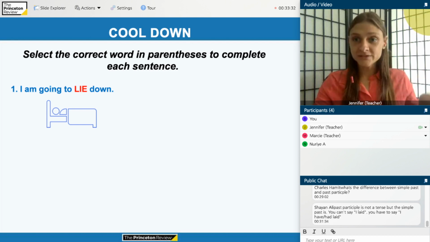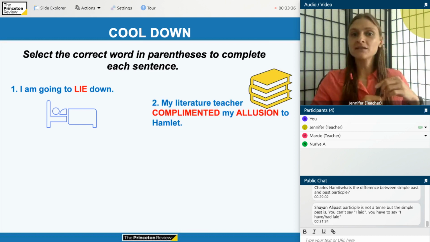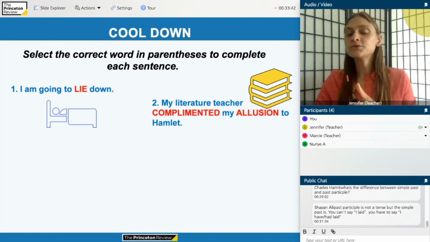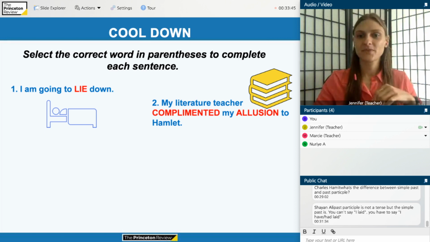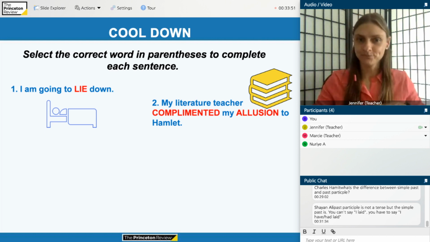The second one was a double whammy. We had 2 words to choose. So number 2 is, my literature teacher complimented, with an I, right, to flatter or to give praise, my allusion to Hamlet. Allusion because I alluded to that person, and my teacher said, hey, great job.